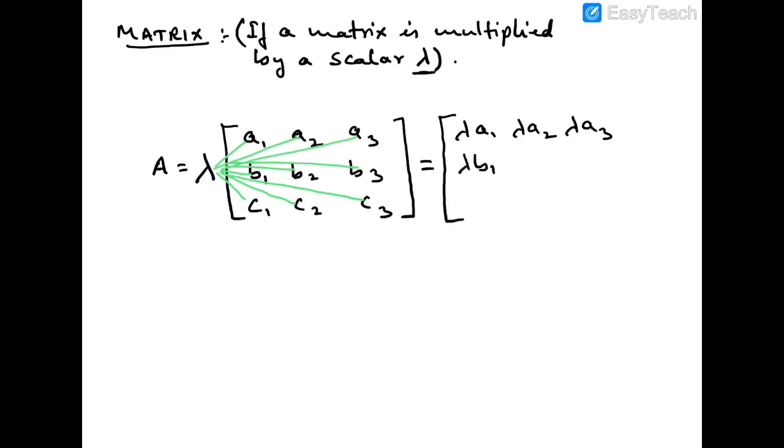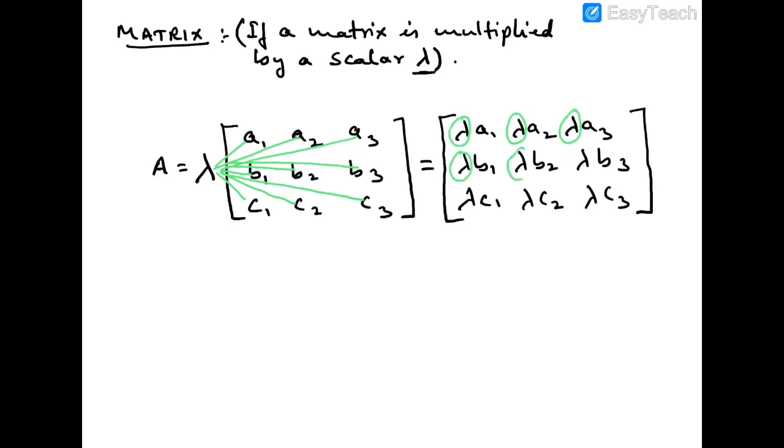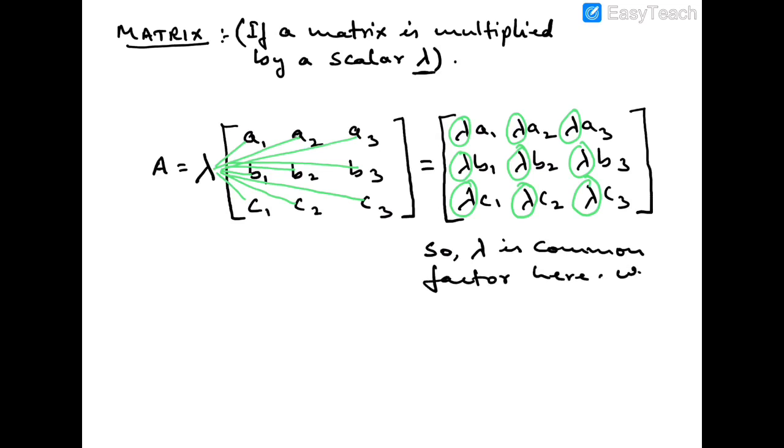So here it will become lambda a1, lambda a2, lambda a3, lambda b1, b2, b3 with c1, c2, c3. So it got multiplied with each and every element of this matrix. So now here we can say that lambda is a common factor and we can take it out like this.